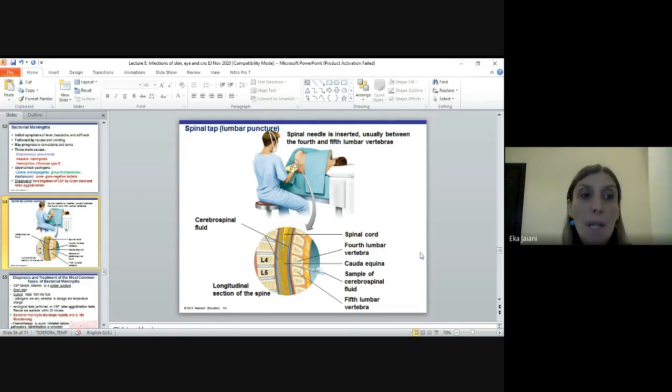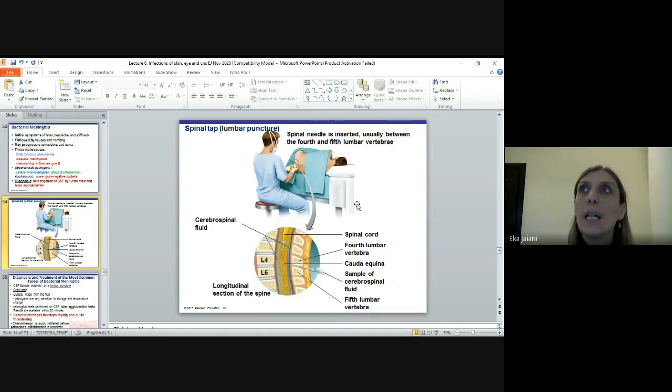And when there's meningitis, a lumbar puncture is done. So this was done also with my mother, and this cerebrospinal fluid is then checked for the presence of white blood cells.